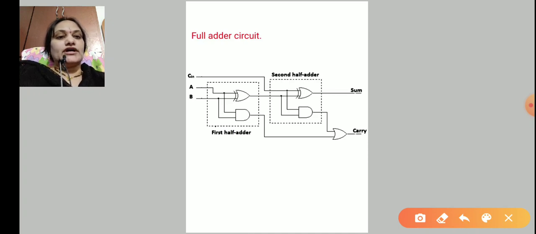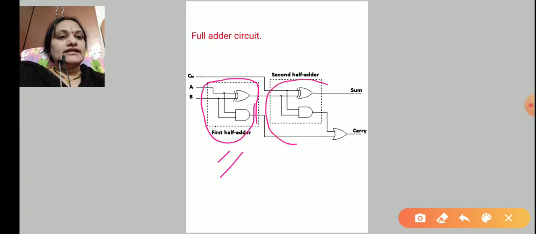Observe this diagram here. This is the first half adder, and this one is the second half adder.